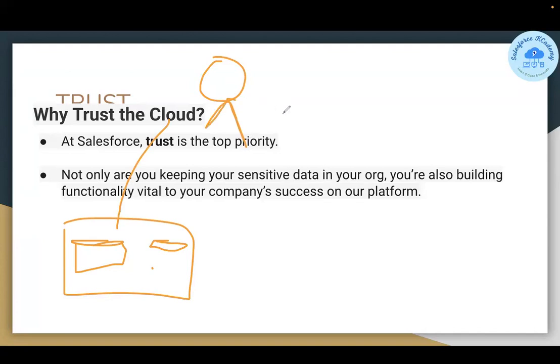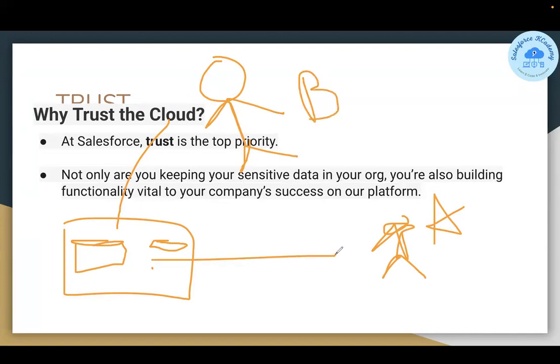If something is misconfigured, this server's data can also be accessed by other organizations, not only your organization's people. The other organization's people can also access the data of your company. So the first thing we need to consider while dealing with cloud applications is trust.